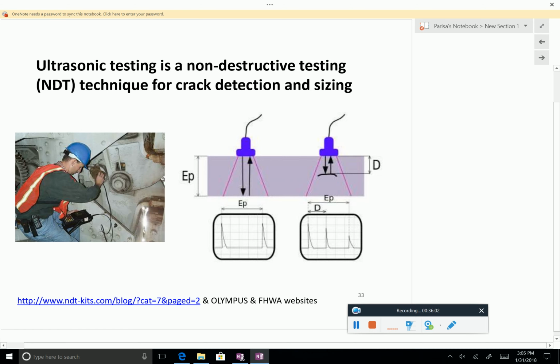So a very basic method is just like when you go to a doctor, and hopefully you haven't had it, but you have heard probably ultrasonic imaging. So you can go also on a bridge, or you can go on a piece of material, and you can send in ultrasonic energy. If there is no defect, then all the energy is going to come back from the other side of the structural membrane you are testing.